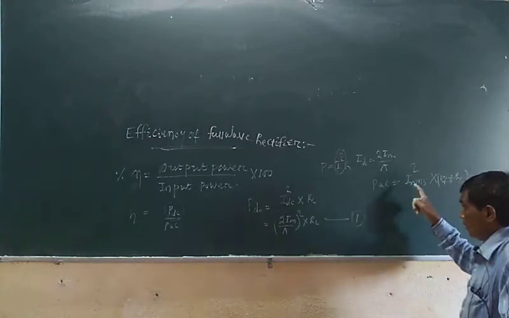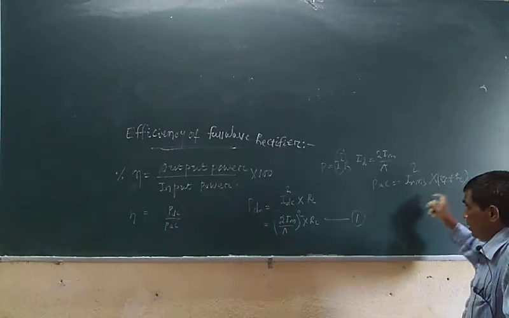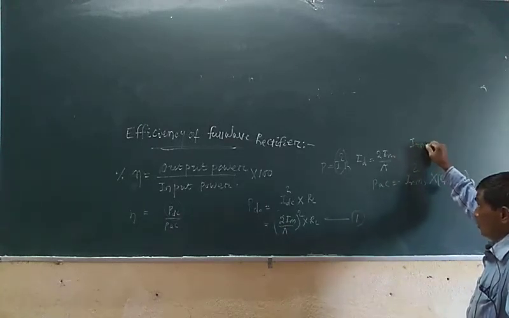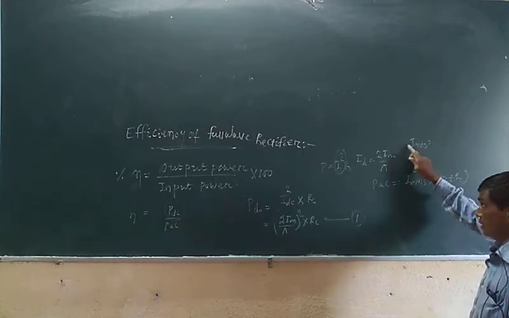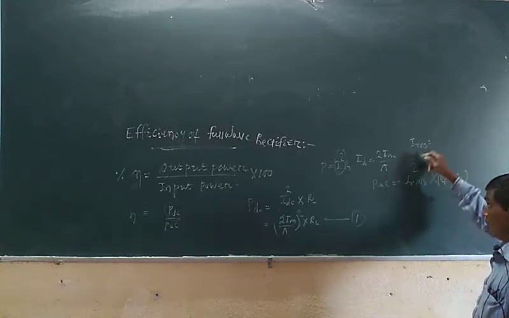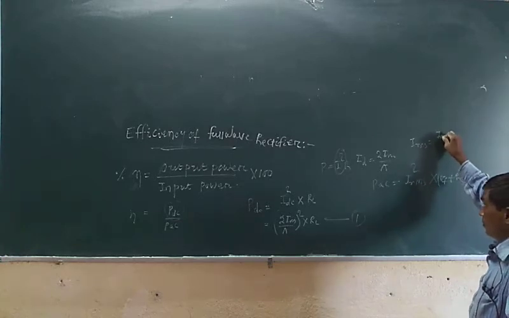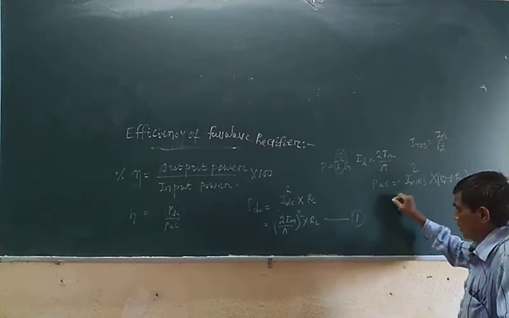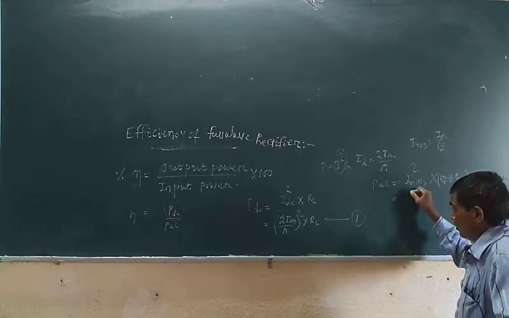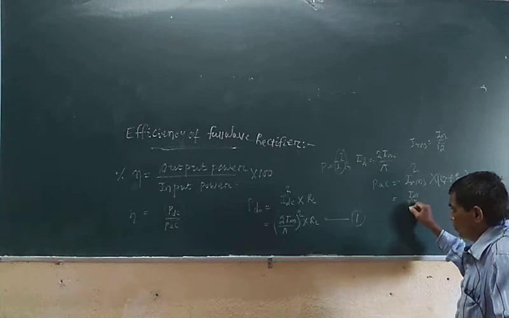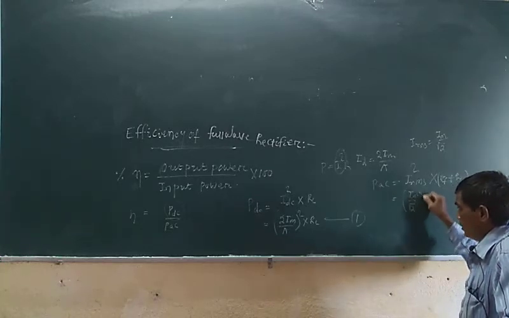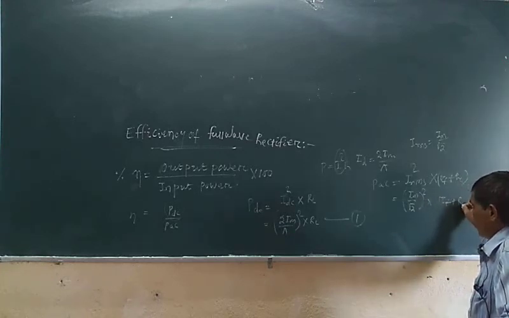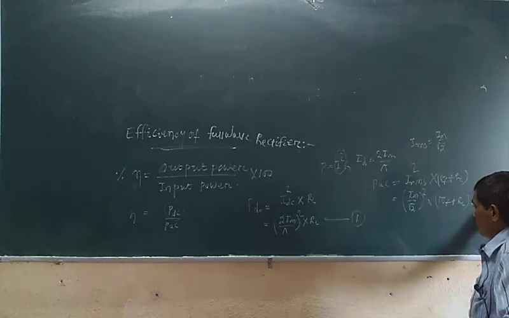The value of IRMS we also evaluated in the previous class, that is IRMS equals Im by root 2. So this value is put in this place. Now PAC equals (Im by root 2) square into (RF plus RL). This is equation number 2.